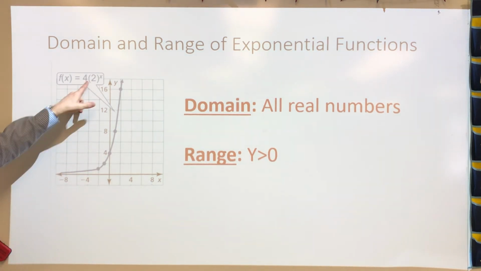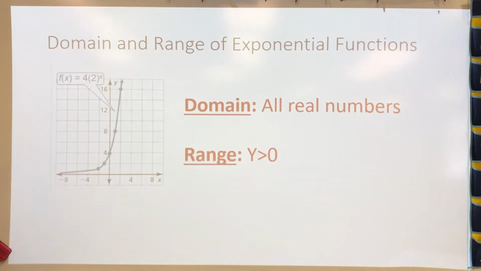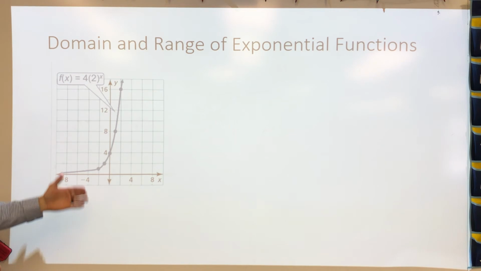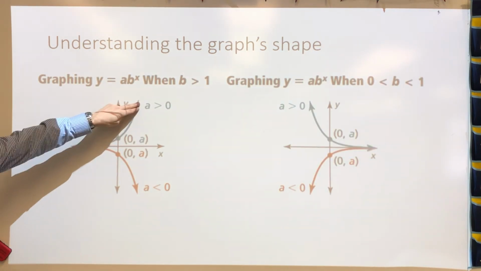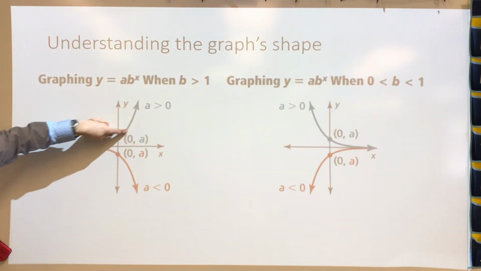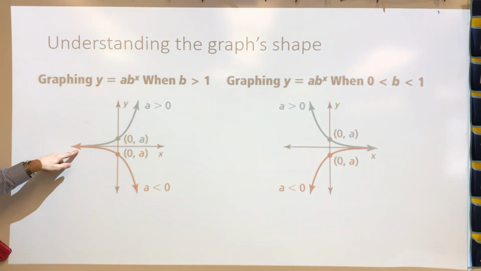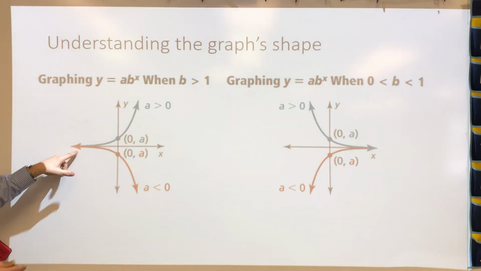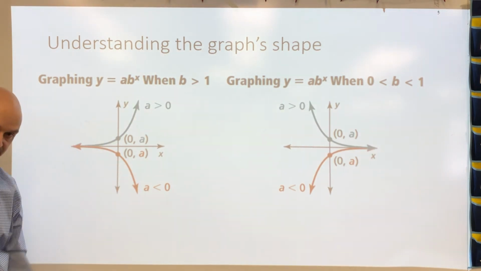And that is because of our a and b values, right? So if we look back here, let's go back to these examples. The domain and range, we just did this graph right here. What would the domain and range be for this? Well, the domain is all real numbers. The range would be y less than 0.